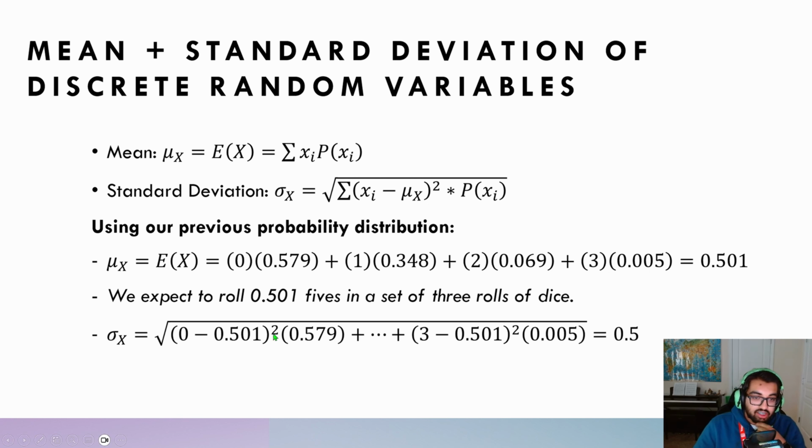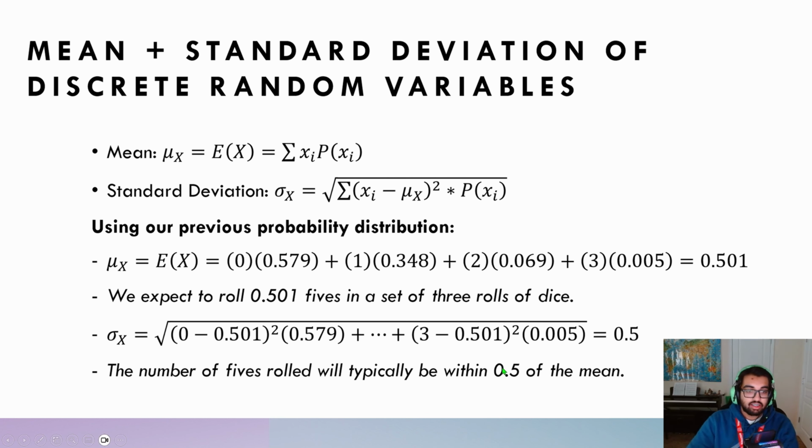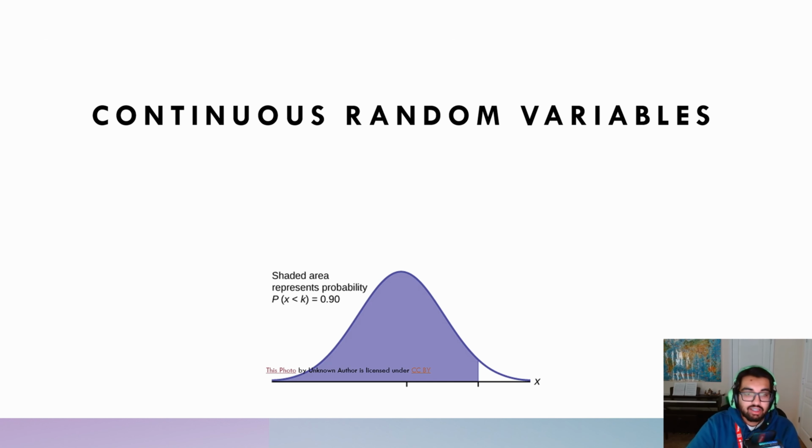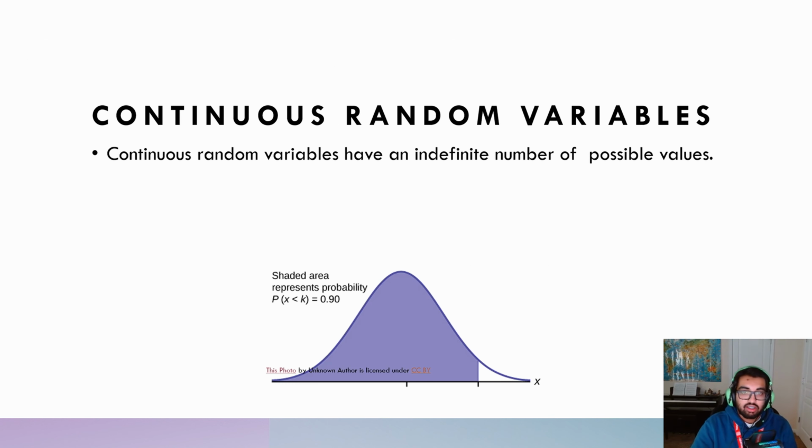And the standard deviation is, again, using this long formula here, you just add these up for all the values of x that you have. And you expect the number of 5s rolled to typically be within 0.5 of the mean. So a continuous random variable has an indefinite number of possible values.